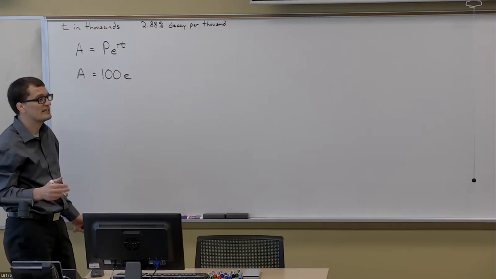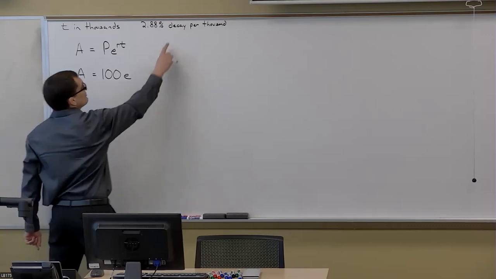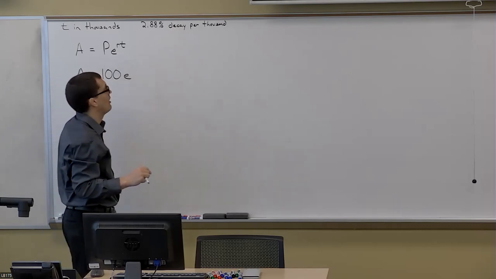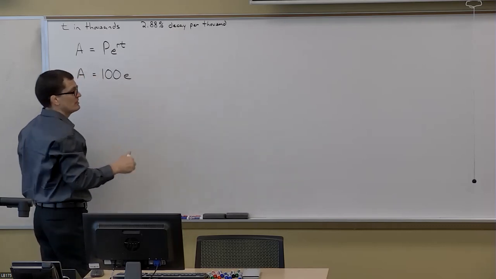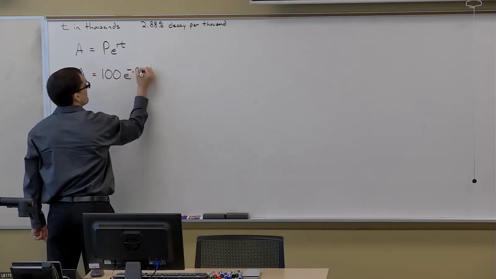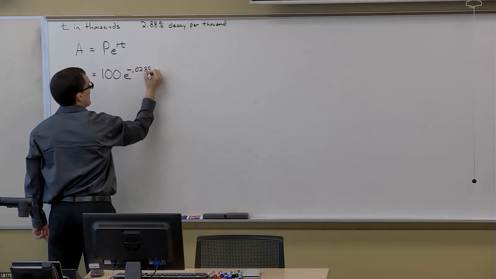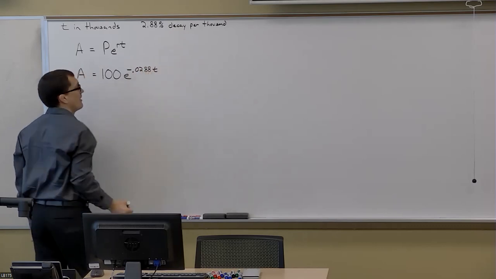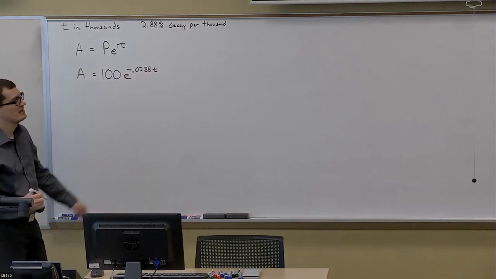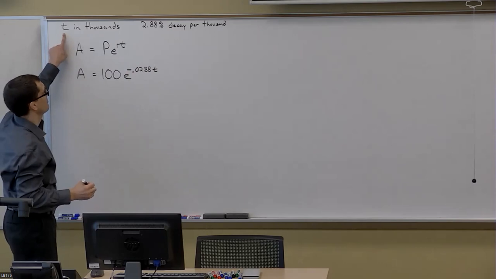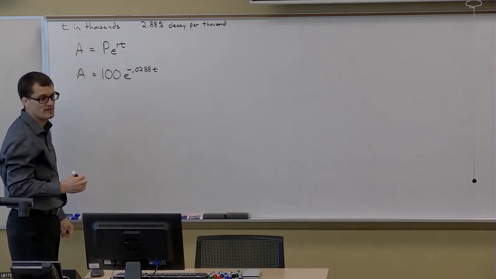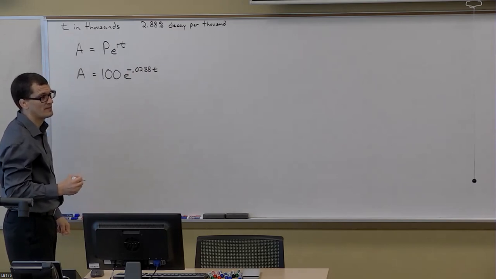Now there's two things here. Because we're doing a decay instead of a growth, our R is going to be negative. So the R is going to be negative 0.0288. And then we're going to use T because our decay rate is per 1,000 and our time is in thousands of years. Is that all right?